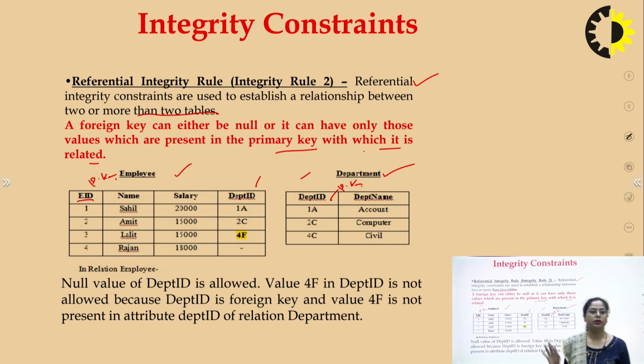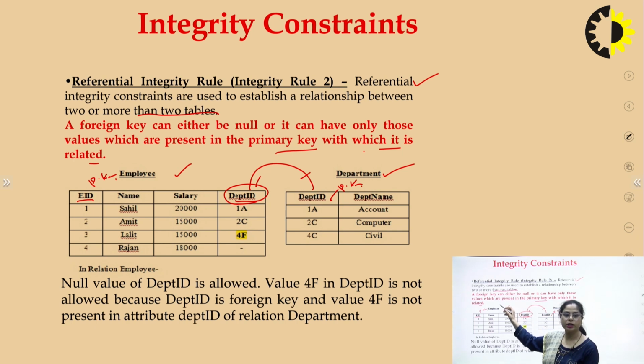In these two relations we have to apply the referential integrity rule. That means department ID will be the foreign key in the employee table. Now, what does the referential integrity rule say?